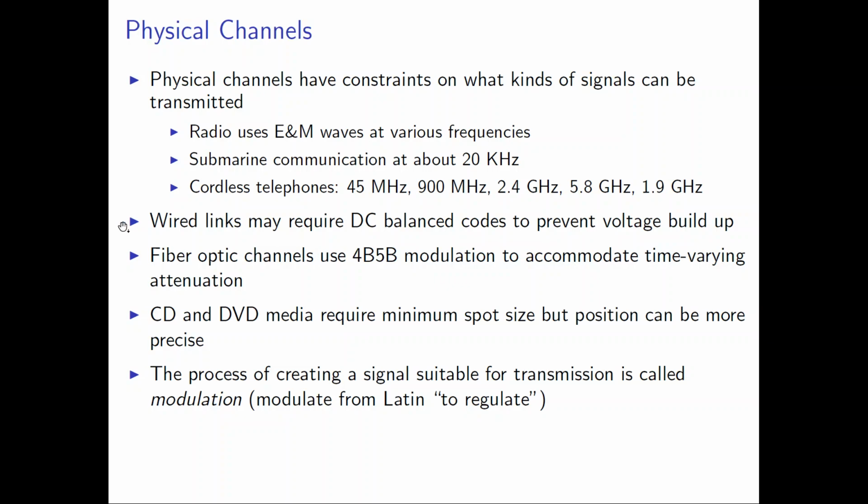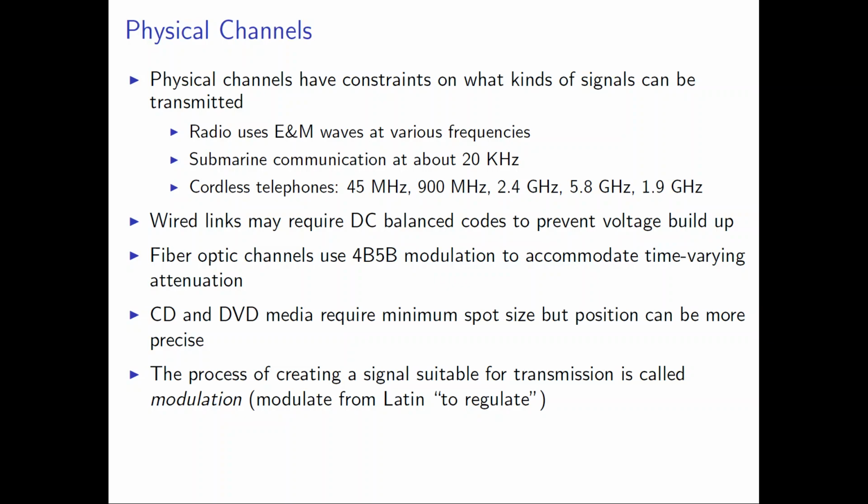For example, if you are communicating over wired links, you need a modulation that achieves DC balance. DC balanced means the DC values don't accumulate over each other. Because let's say you modulate the first one as +5, and the second one, another +5, becomes 10, and the third one becomes 15. So your voltage is becoming extremely high, and it becomes very dangerous.